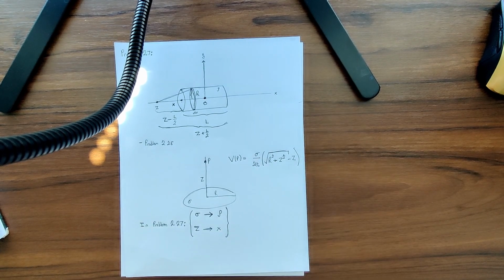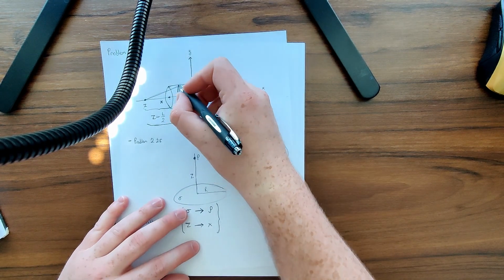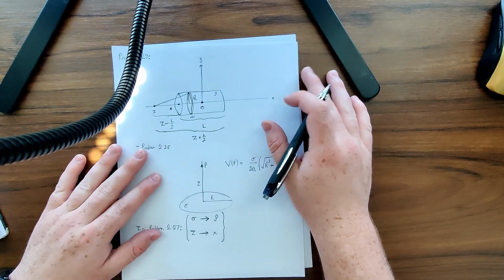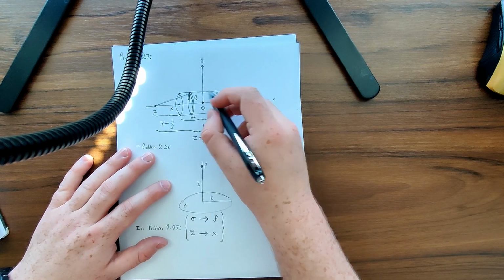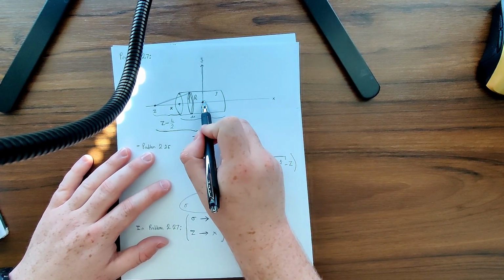So the problem states that we want to find the potential along the axis of a uniformly charged solid cylinder, a distance z from the center. So I've drawn that situation out here. We have a solid cylinder, and the origin is defined at the center.